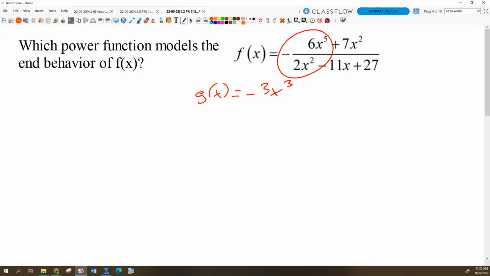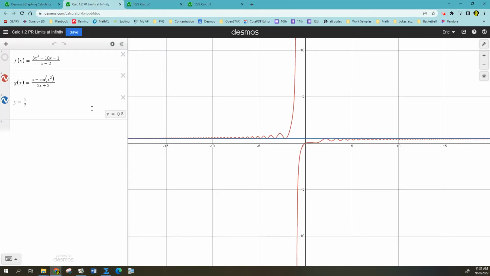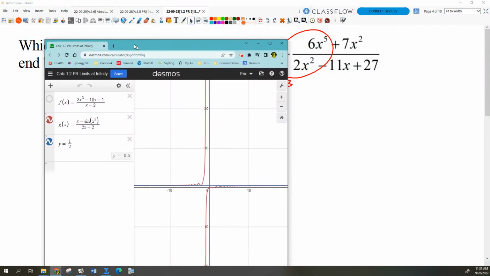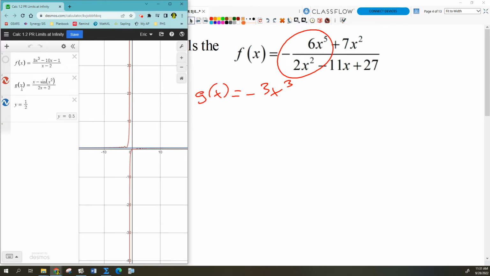This is probably overkill, but I just want to show you one more thing here. If we graph both of these, what do we have?